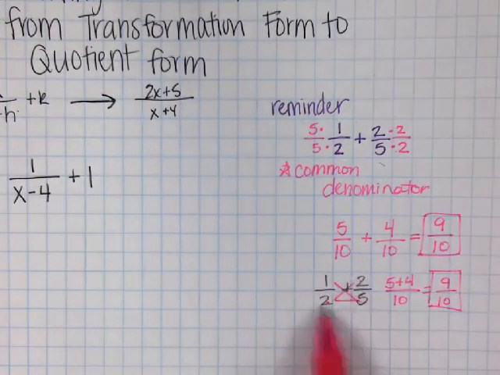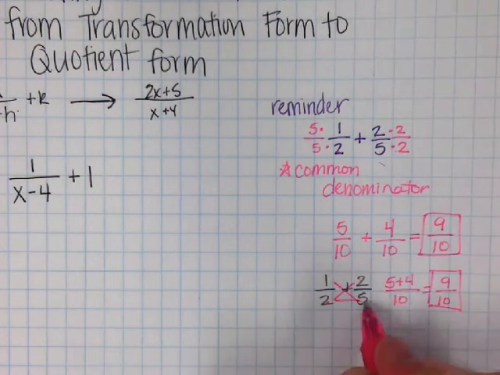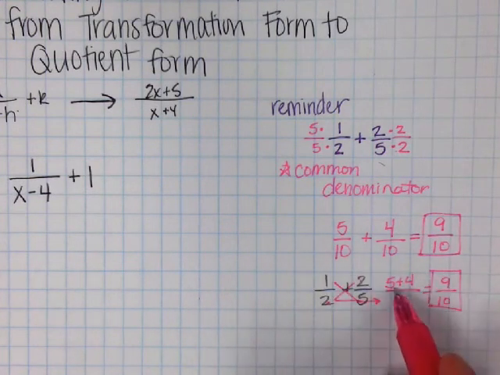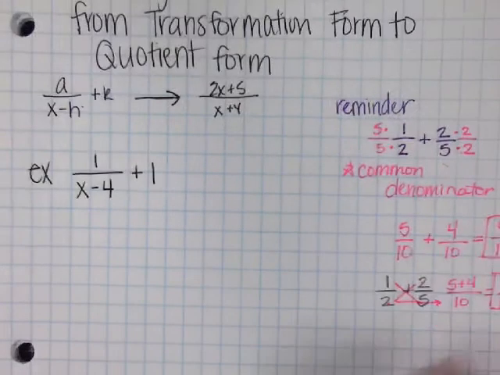You're going to see me do it this way: multiply across the bottom, and that's what goes there, and then multiply crisscross and put the plus sign between them.